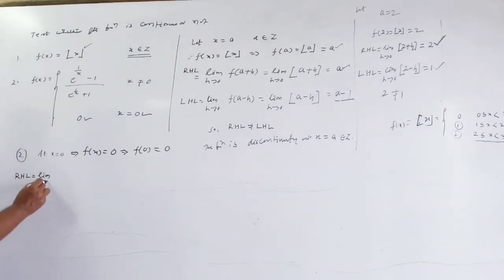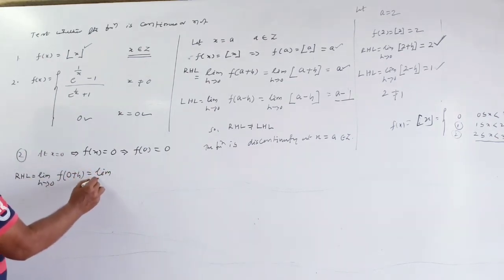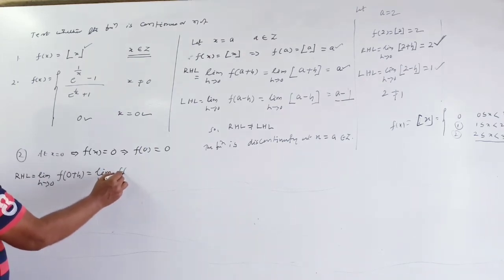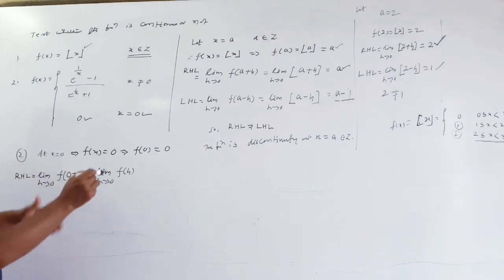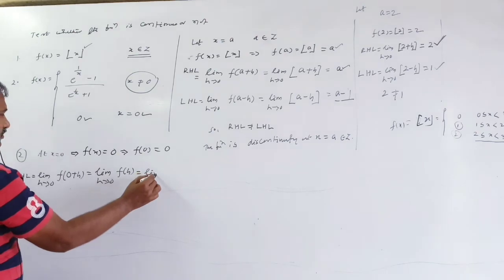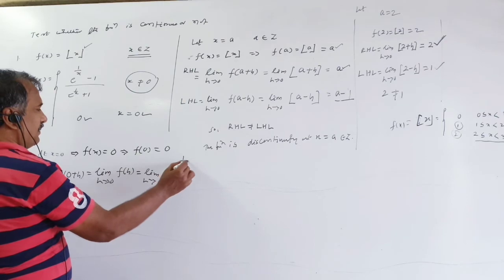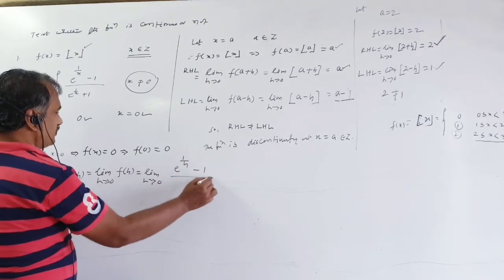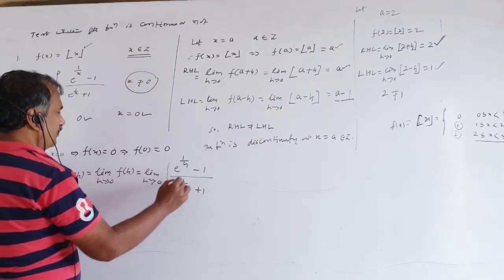Limit h goes to 0 of f of 0 plus h, according to the definition, h greater than 0, or limit h goes to 0 of f of h. So here f of x, h tends to 0. Use this one. Now, limit h tends to 0 of (e to the power 1 by x minus 1) divided by (e to the power 1 by x plus 1).